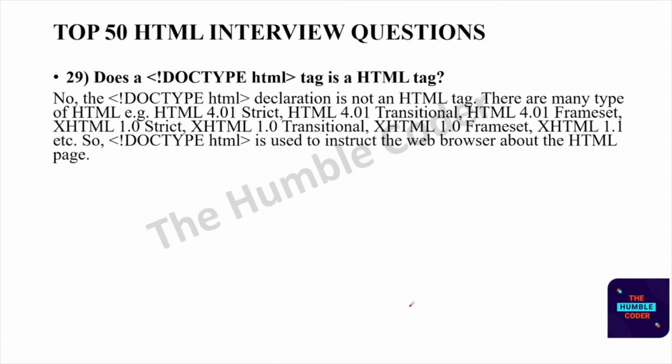There are many types of HTML, for example, HTML 4.01 strict, HTML 4.01 transitional, HTML 4.01 frameset, XHTML 1.0 strict, XHTML 1.0 transitional, XHTML 1.0 frameset, XHTML 1.1, etc. So doctype HTML is used to instruct the web browser about the HTML page basically. So in short, doctype HTML is a declaration and not a tag. Moving on to the next question.